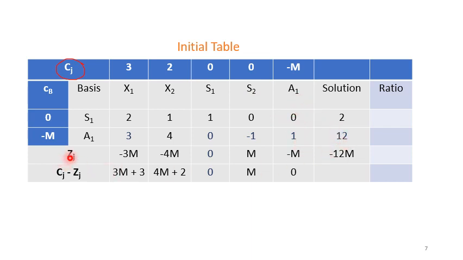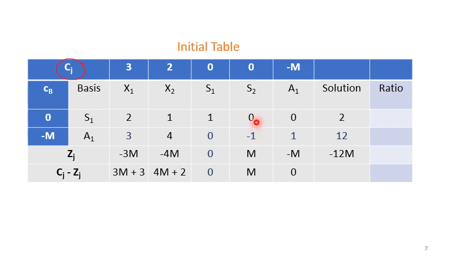And the Zj values you can calculate: 2 into 0 plus 3 into minus M, that is minus 3M. Similarly, 1 into 0 plus 4 into minus M, and so on. So this is how you calculate the Zj values. For example, 1 into 0 is 0 plus 0 into minus M is 0.